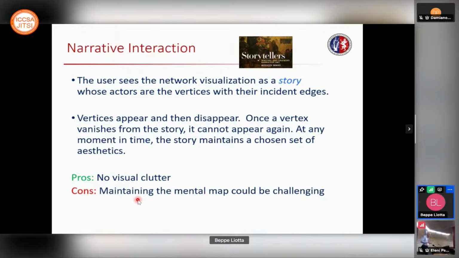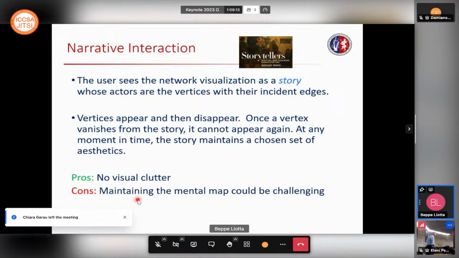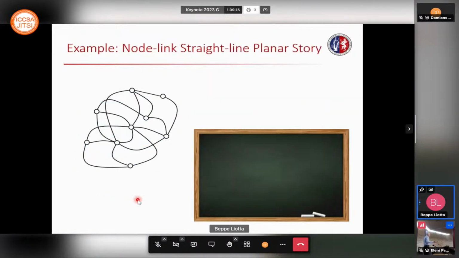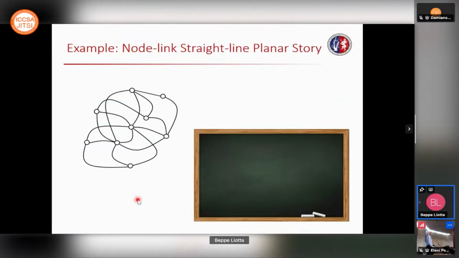Okay? So that's the story that you want to make. This is a small toy example. You have this network on the left, and the blackboard is where I want to draw my story. I start with the vertex. The green one stays there. The blue one goes there. Then I took the violet one.